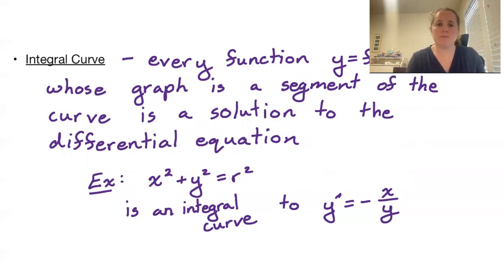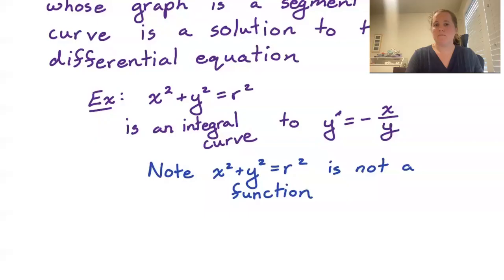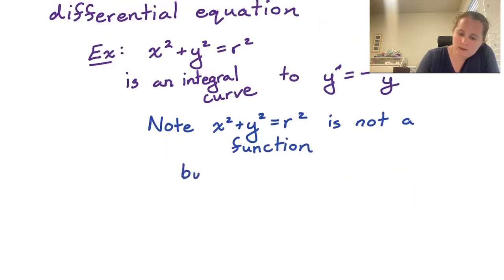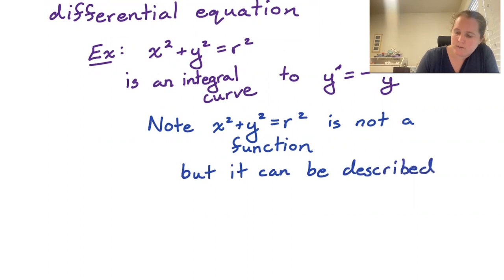Sorry, my computer is not updating. A moment. Okay. So we had x squared plus y squared equals r squared is not a function, but it can be described with two functions.